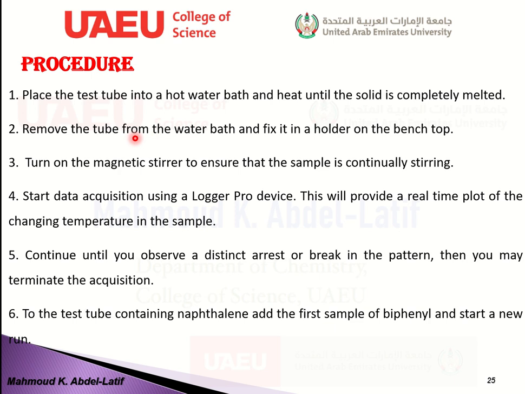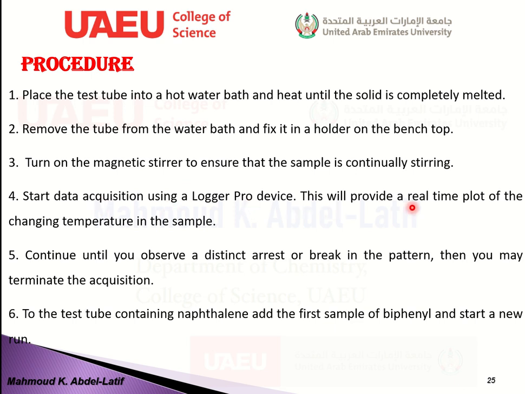Remove the tube from the water bath and fix it in the holder on the bench top. Turn on the magnetic stirrer to ensure that the sample is continually stirring.